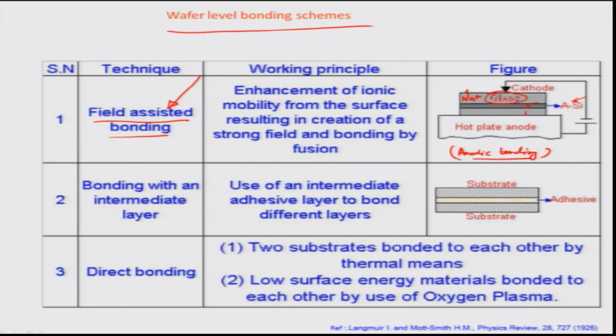So, the sodium would go towards the cathode and the O minus would go towards the anode, and there would be creation of something called a depletion region. In anodic bonding, because of the migration of the positive and negative ions to the opposite electrodes, there is going to be a depletion region where there is no field.